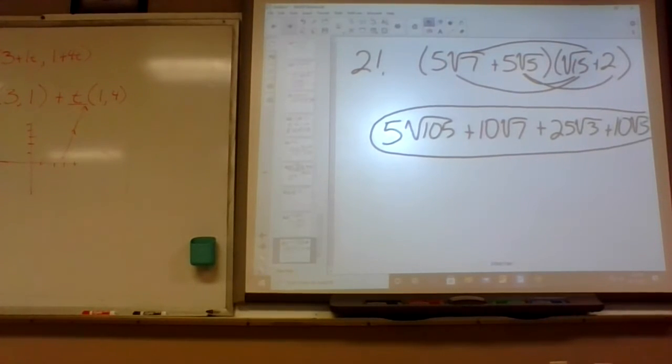Square root times square root. I think you should just do FOIL. I got the first part. I messed up my name because I put 20 at yours.